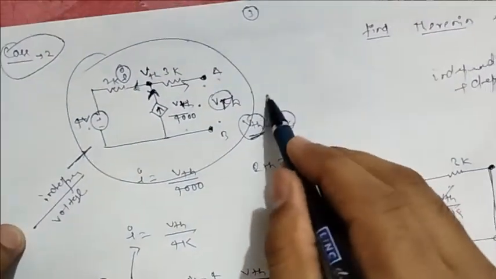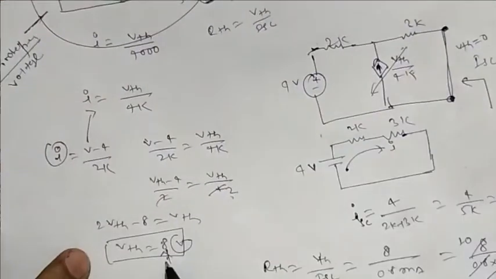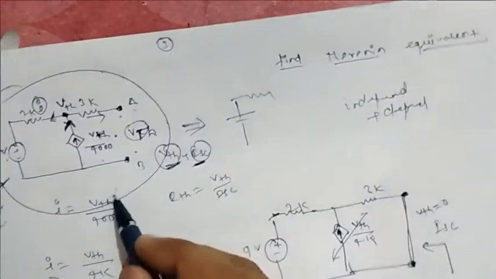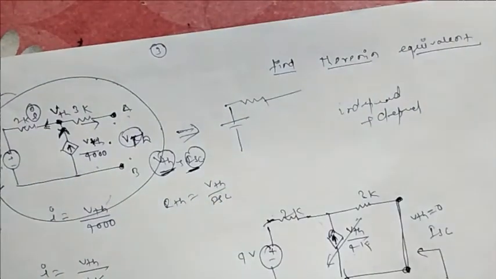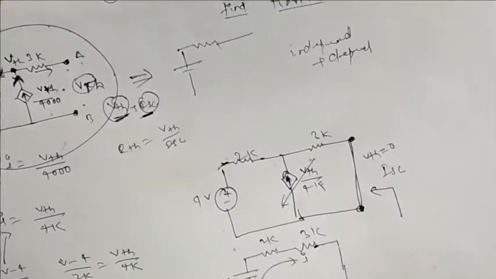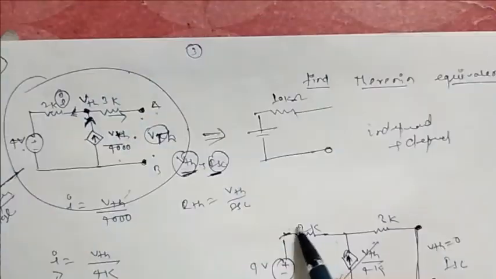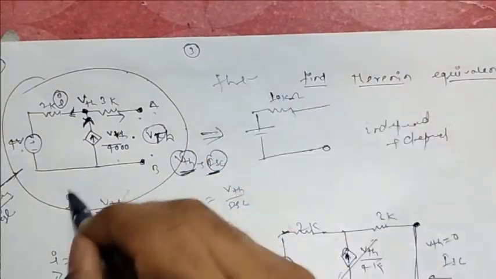So the equivalent model of this circuit is 8 volt followed by this 10 kilo ohm. This is our Thevenin equivalent of this circuit.